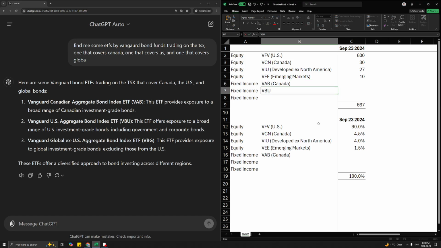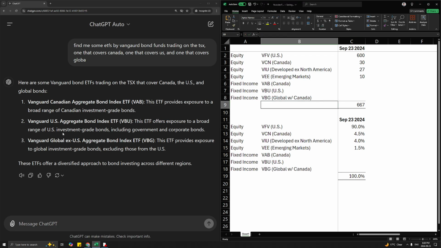VBU, it's U.S. And then VBG, which is global XUS. Okay, so that's interesting. So global XUS. Basically what that means is everything in the world except the US, which means Canada's in there, right? Let's find out.